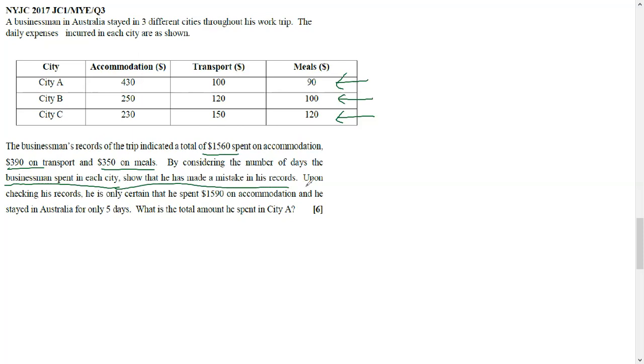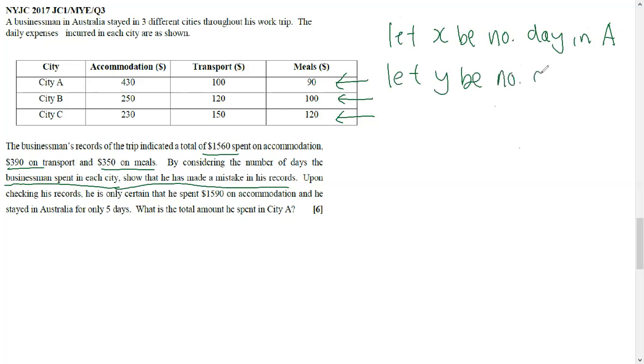They ask us to consider the number of days the businessman spent in each city. So we will let x be the number of days in city A, let y be the number of days in B, and let z be the number of days in C.